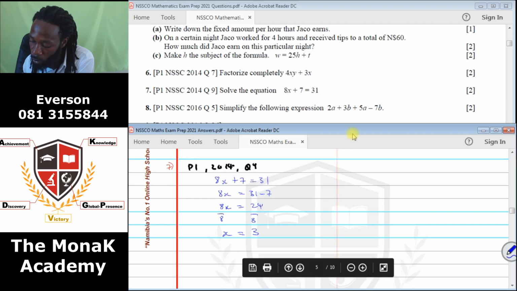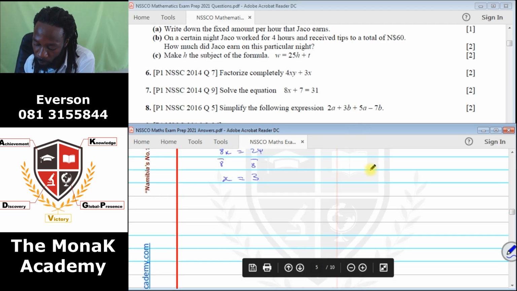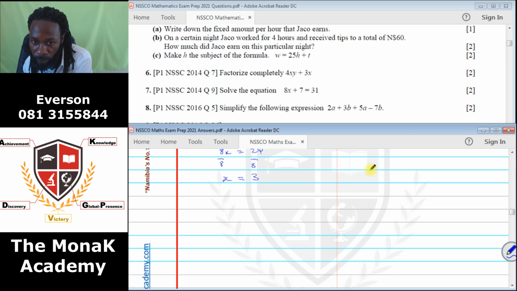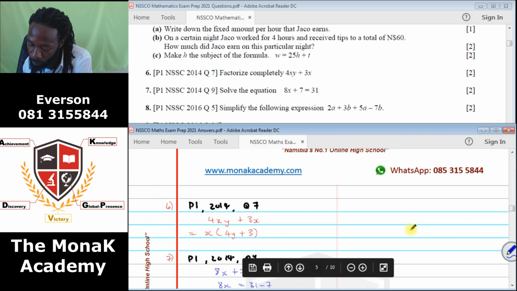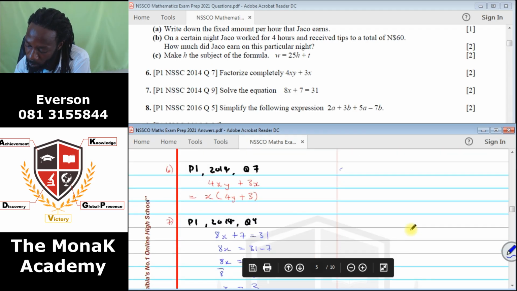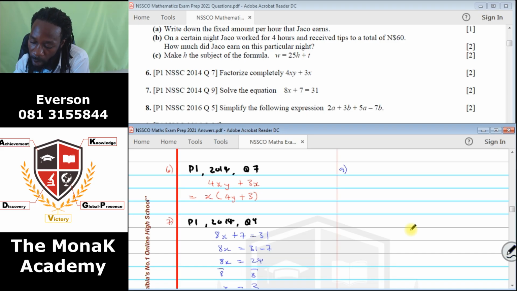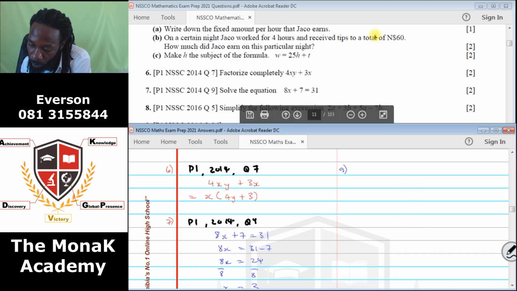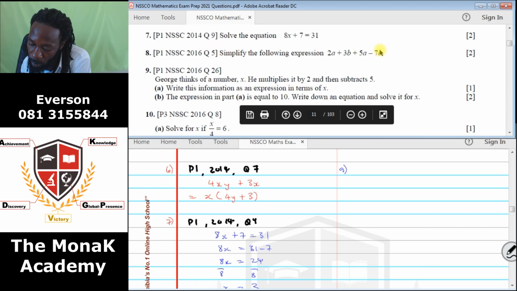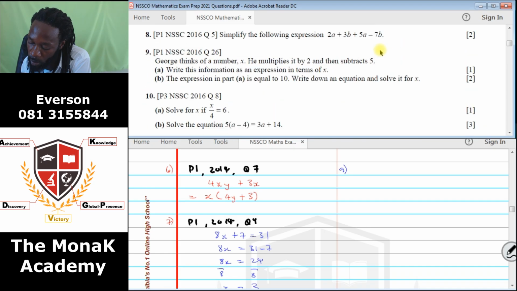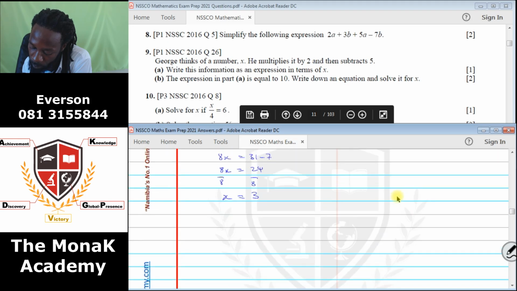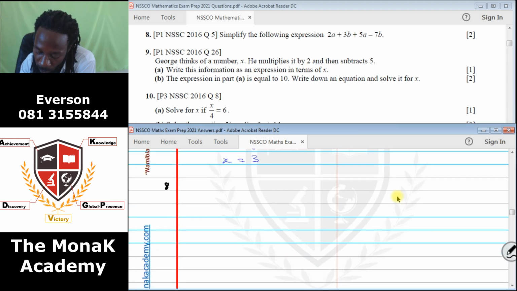We move on to number 8. Number 8 comes from paper 1, 2016, question 5.